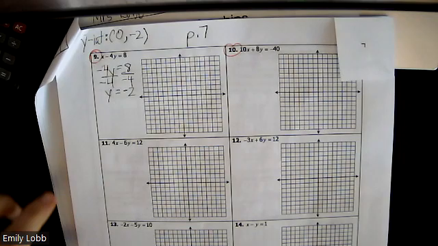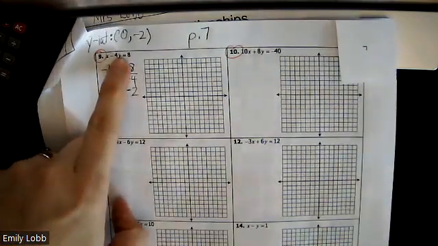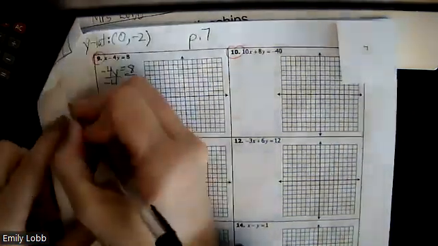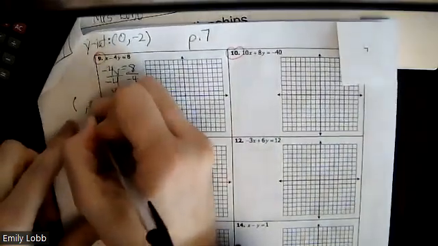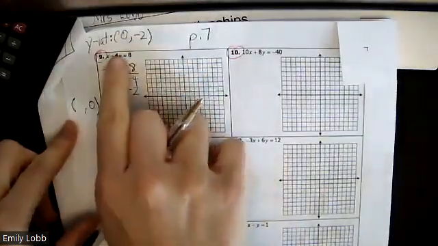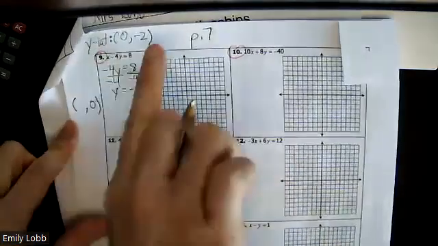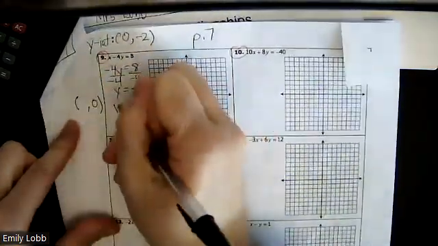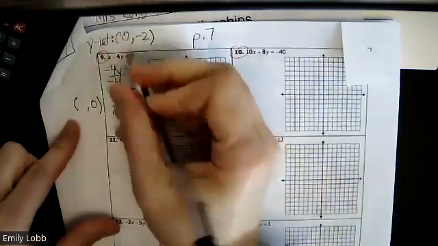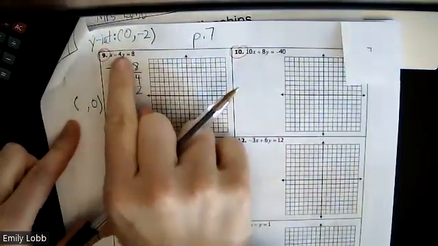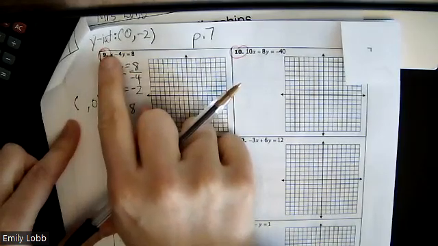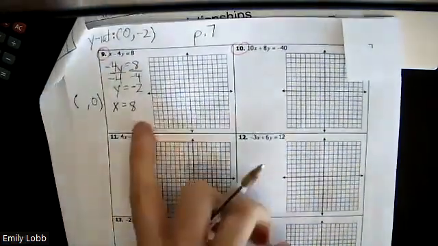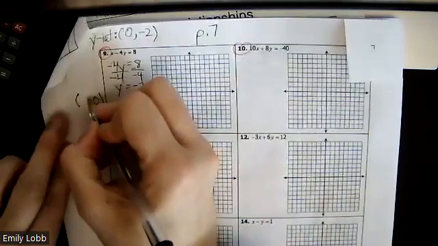My x-intercept, I'm putting a 0 in for y. So if I put in a 0 for y, this whole thing goes away. And I'm literally left with x equals 8. Because 4 times 0 is 0. So x minus nothing is 8. So x has to equal 8.